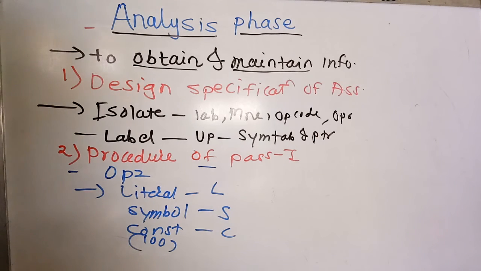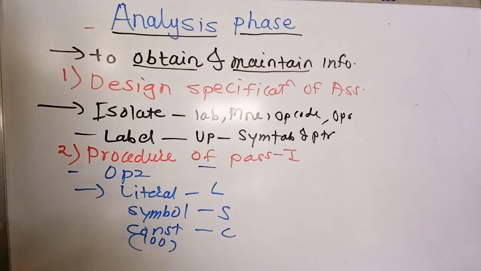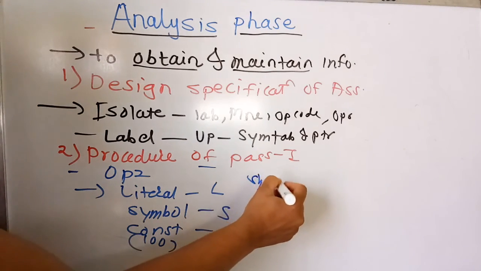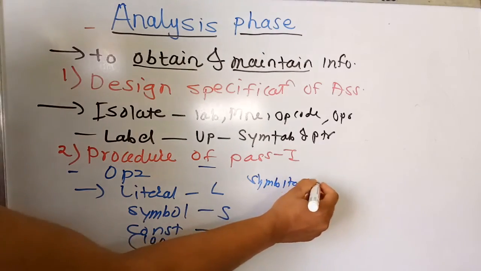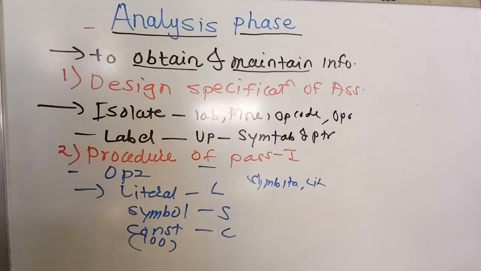As we got the address of operand 1 from the register table or the condition code table, likewise operand 2's address can be obtained from the symbol table or the literal table. And if operand 2 is a symbol, then only it is entered in the IC field, means the intermediate code field.